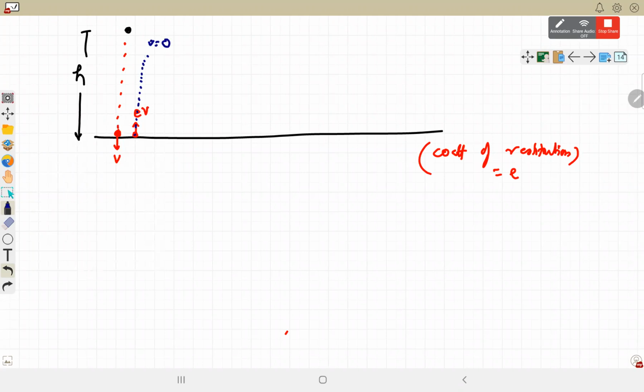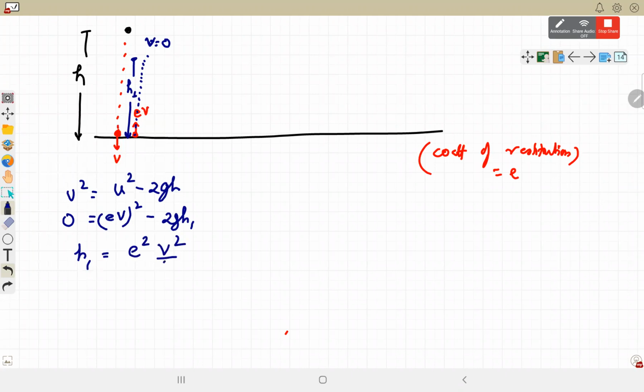Let's say after the first bounce it goes to height h1. V square is U square minus 2gh, so h1 becomes E square V square by 2g, and V square by 2g is H. So after each collision, the speed becomes E times and the height becomes E square times.